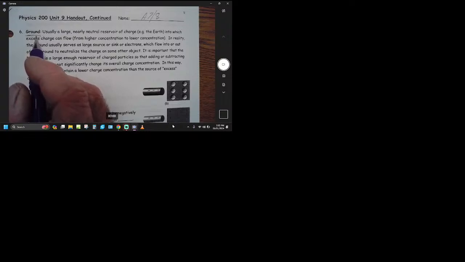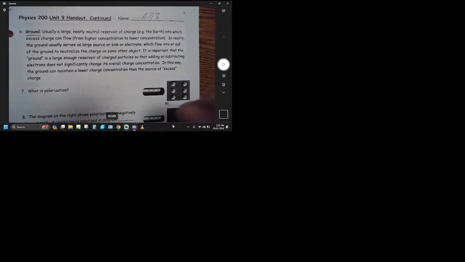It could be a person. It could be a table. It could be plumbing. It could be some large object. Usually that is what we refer to as the ground. Let me read this and then I'll try to explain. It's kind of a weird concept.